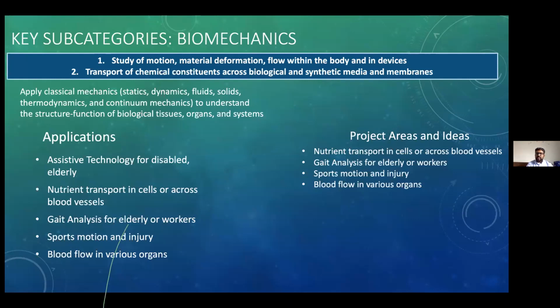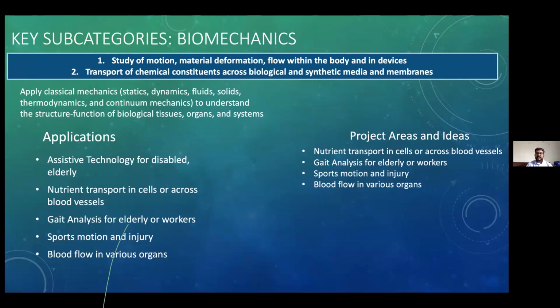But now there are also very nice projects where people are trying to put sensors. We'll talk about sensors in a little while, and try and observe or measure forces at different parts of your body. So for instance, you are participating in Taekwondo. I had a picture of two kids who are playing Taekwondo, and you want to measure how hard your kick is or your punch is.